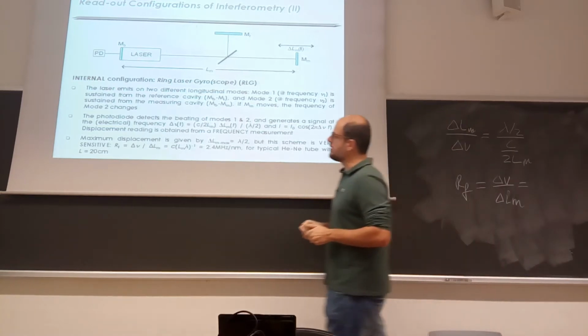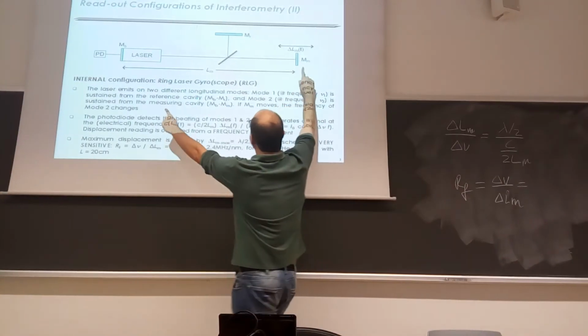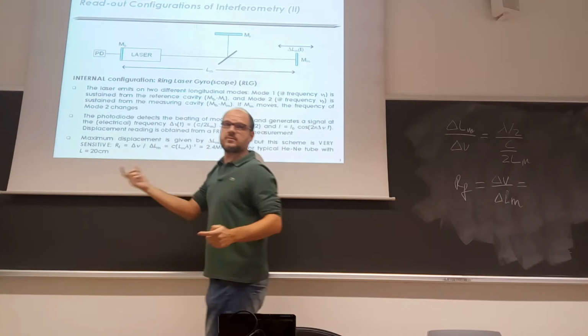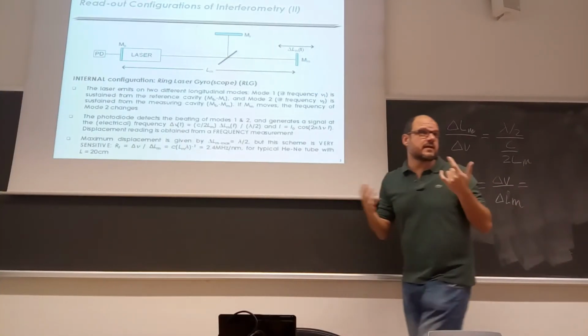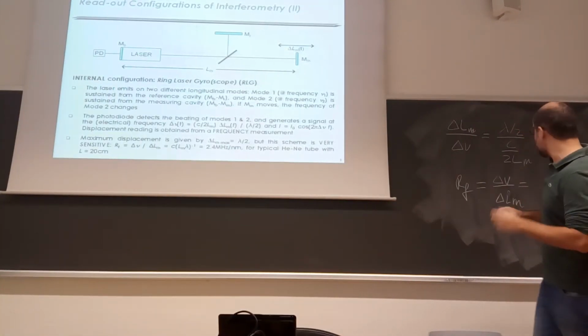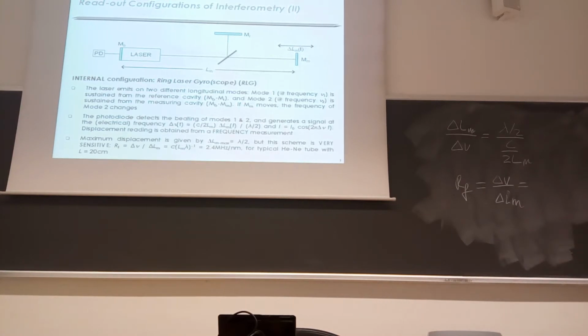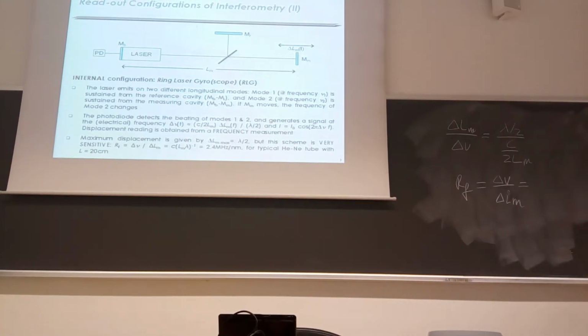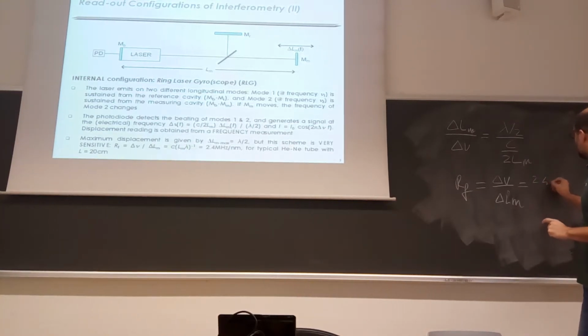If you work with a measuring cavity of 20 centimeters, which is very easy to achieve with a helium-neon laser, you get a tremendous resolution. It's true you are limiting the displacement to lambda over 2, but the resolution is 2.4 megahertz of change in frequency difference between the reference mode and the measuring one, per nanometer.